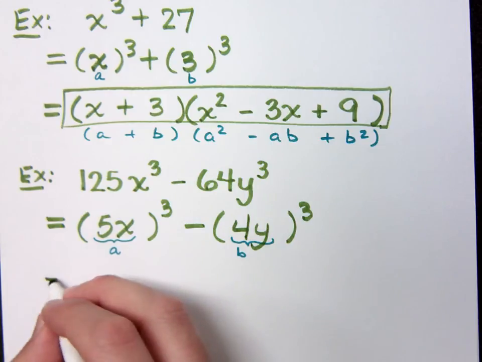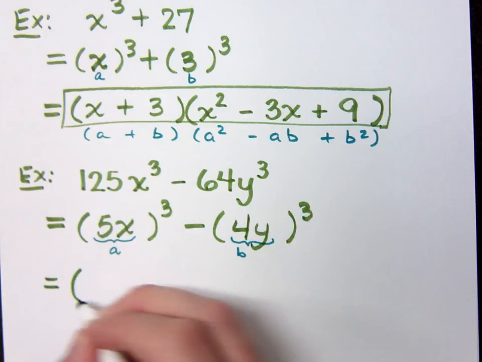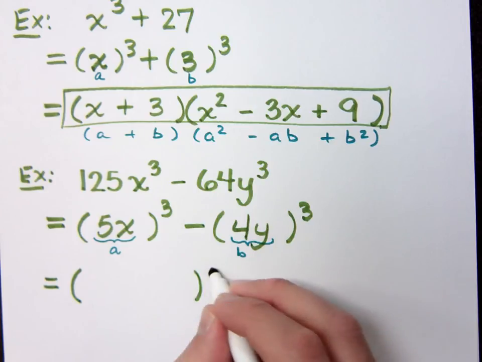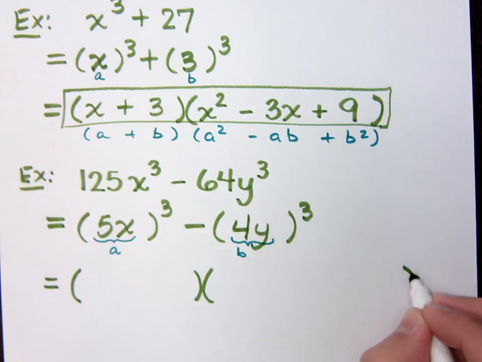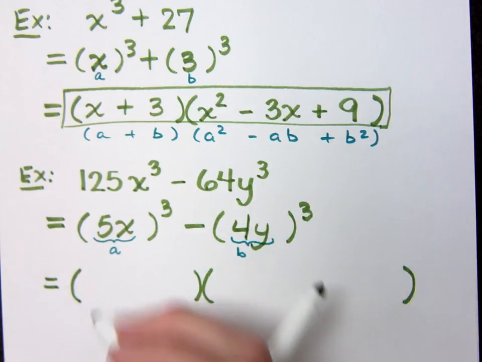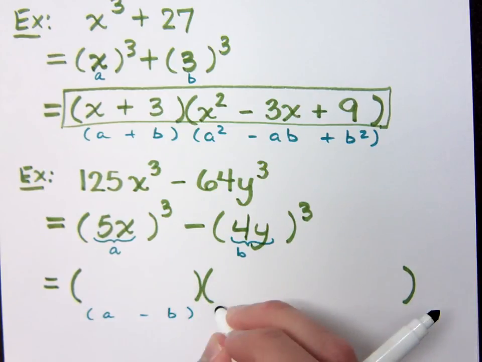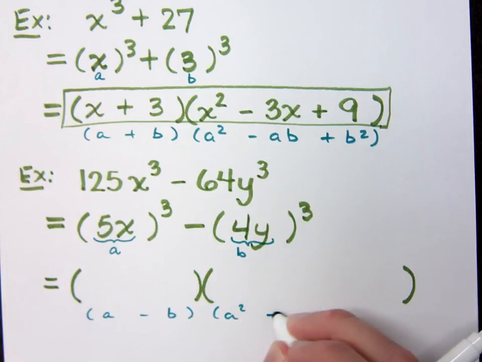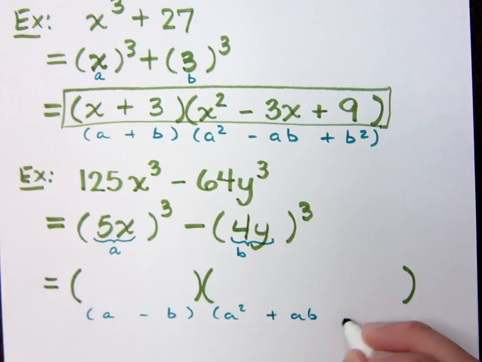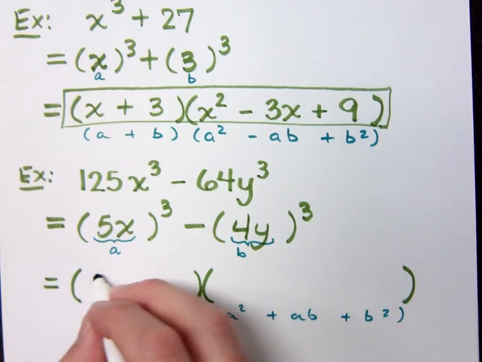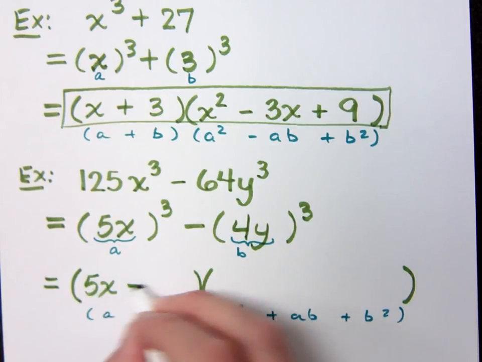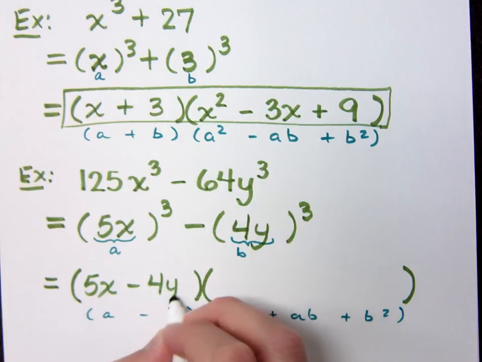So, using the formula that I have, the formula says this guy's supposed to factor as A minus B, and then A squared plus AB plus B squared. Okay, so how would you write A minus B? 5x minus 4y.